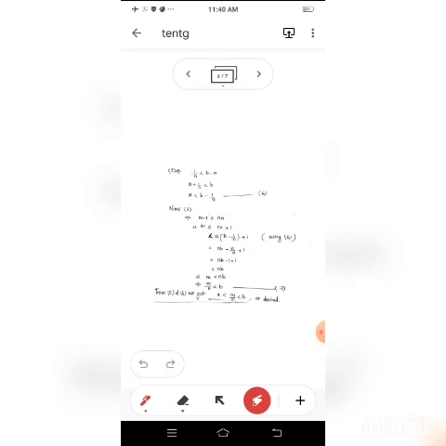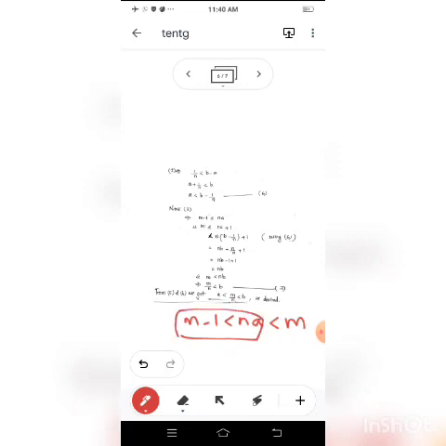From equation 3, we picked an m such that m minus 1 less than na less than m.